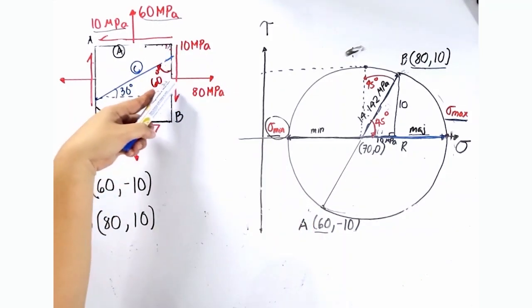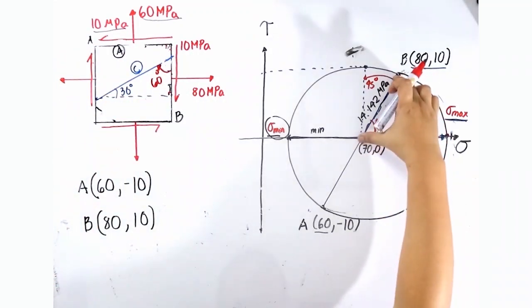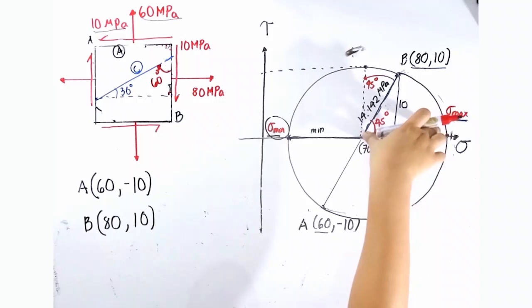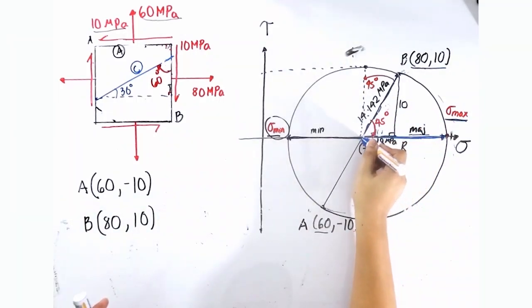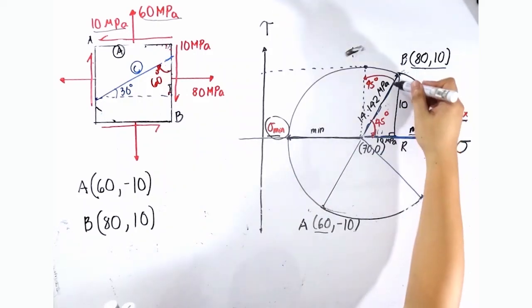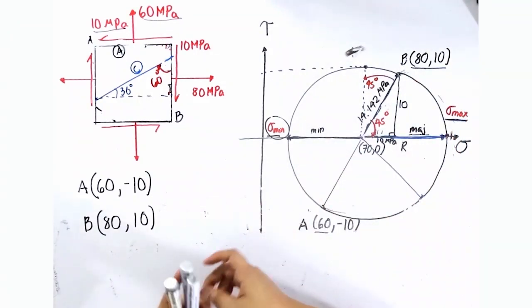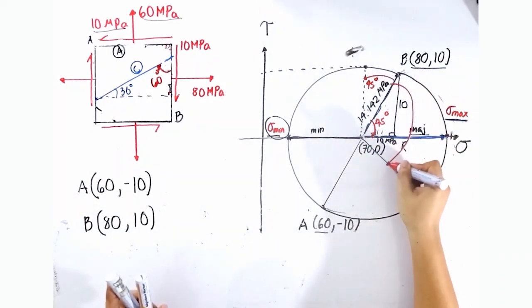So, from plane B, you have to rotate clockwise. So, here is your B. From B, you're going to rotate also clockwise, but you have to multiply it by 2. So, from letter B, it is very obvious that the radius will fall on this side. From plane B, you're going to rotate clockwise 120 degrees.